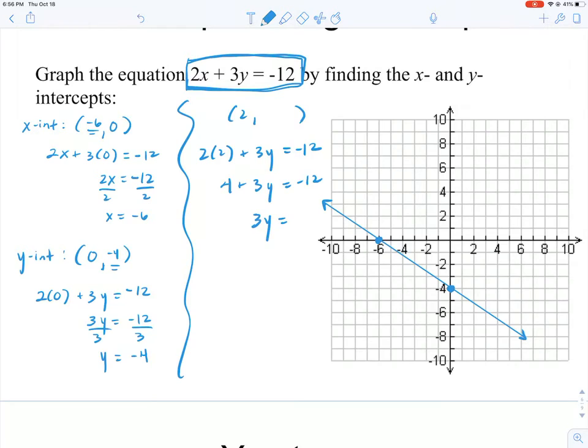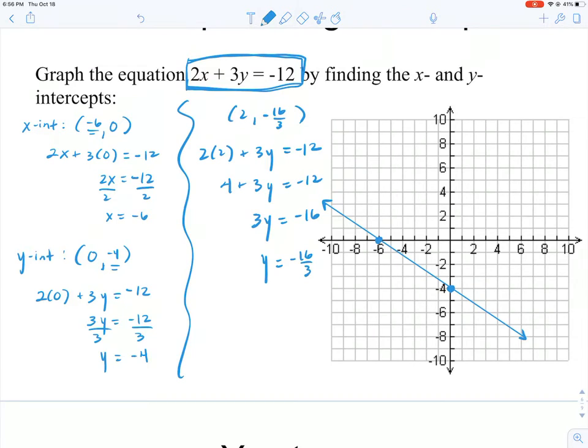When we subtract 4 on each side, we'll get, what is that, negative 16, right? And then y would be equal to negative 16 thirds. Oh, that's not such a fun one to find. But negative 16 thirds is negative 5 1/3.